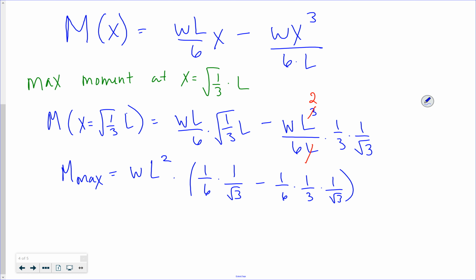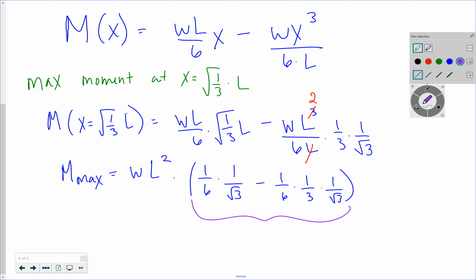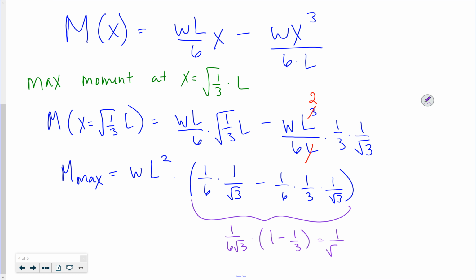Let me see, what would this be? 1/6 square root 3 times 1 minus 1/3, 1/6 square root 3 times 2/3. 1/9 square root 3.